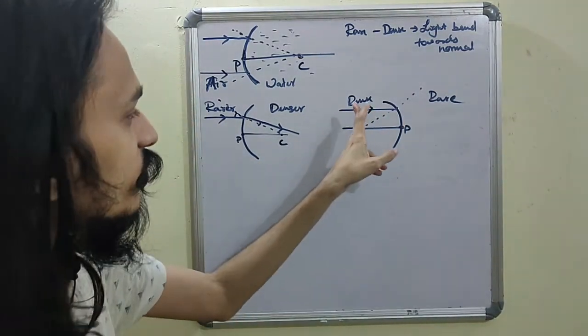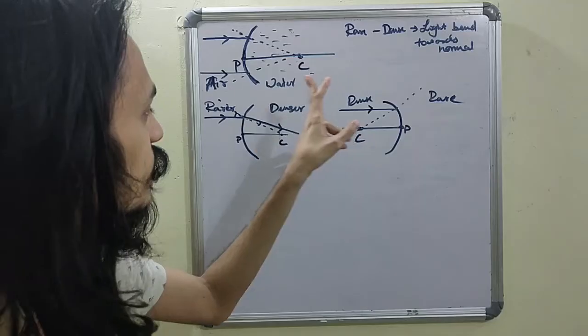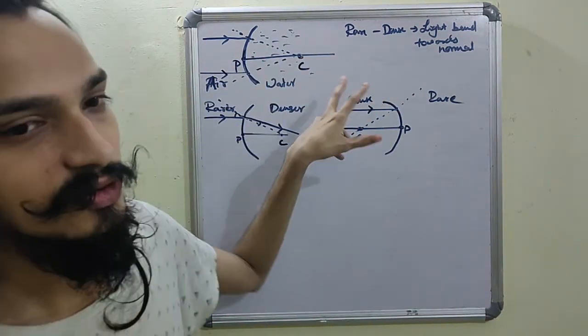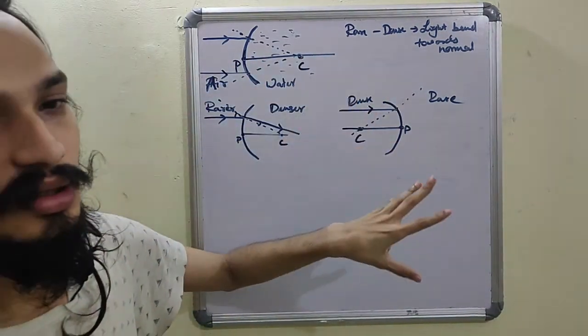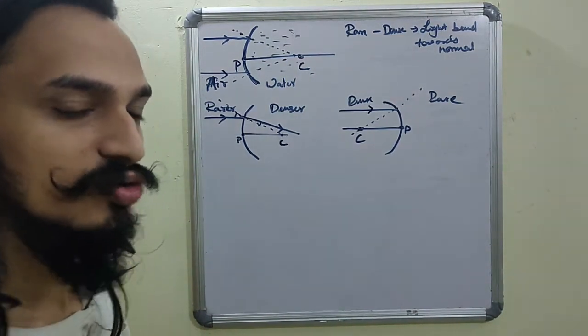Now like I said, when it goes from rare to dense, it will bend closer. But if it goes from dense to rare, then what's going to happen? It should be the opposite, right?